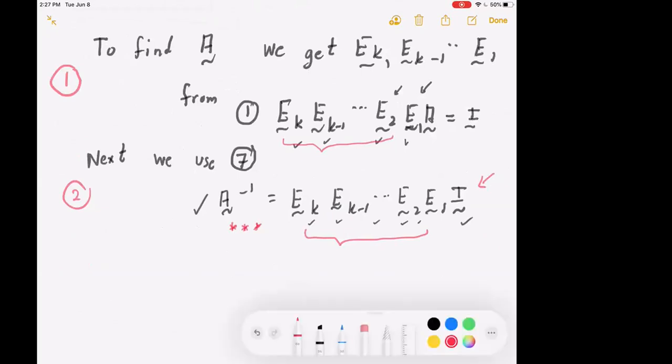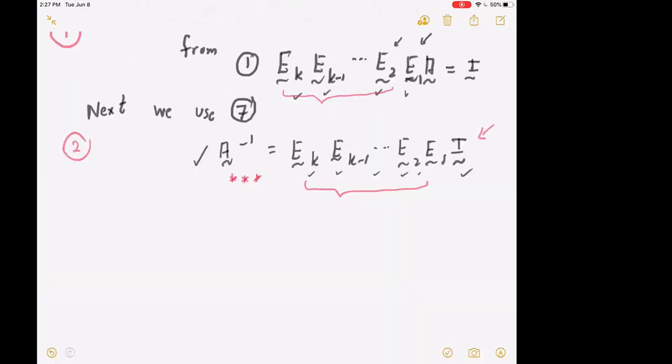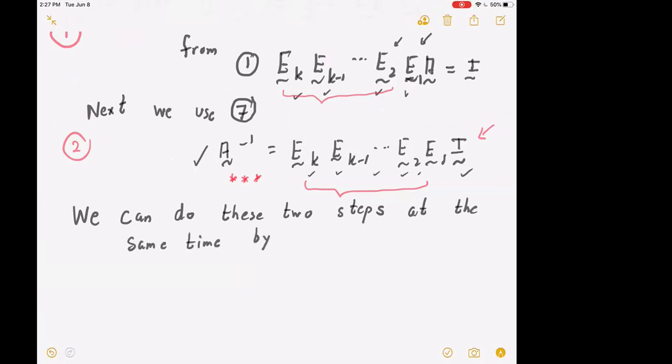Now, the beautiful thing here is to recognize that we can do these two steps at the same time and save ourselves a lot of work by constructing, or building, an augmented matrix.